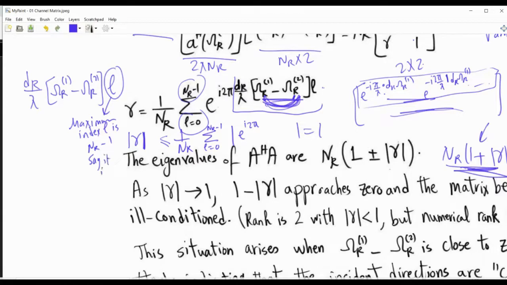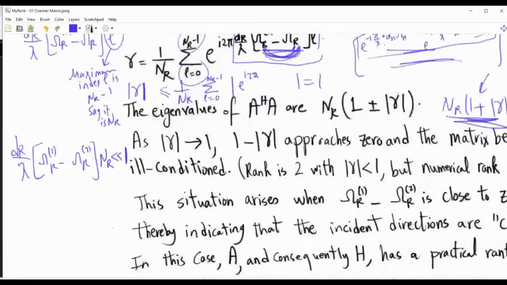Say it's nr. So the maximum value is dr over lambda, omega 1 minus omega 2, times nr. And being close to 0 means that this is much smaller than 1.